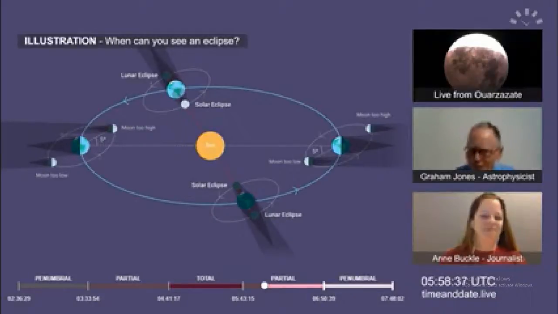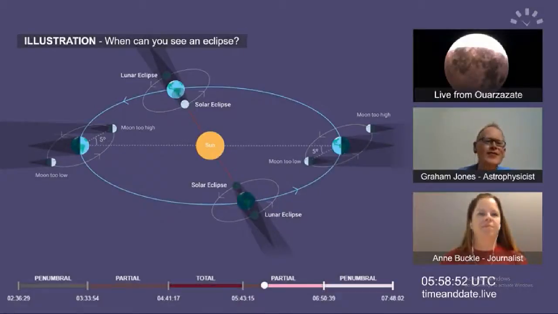So there is no eclipse. But every 6 months or so, we do get this perfect alignment. And if we look at the two examples in the middle of our diagram, we can see here that the moon's tilted orbit around the Earth lines up perfectly with the Earth's orbit around the sun.